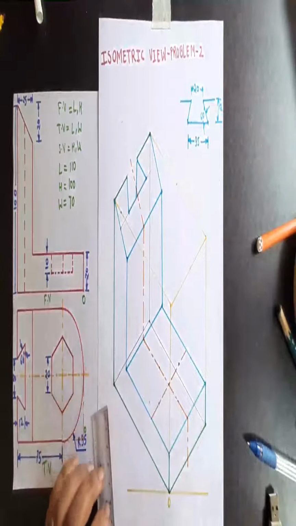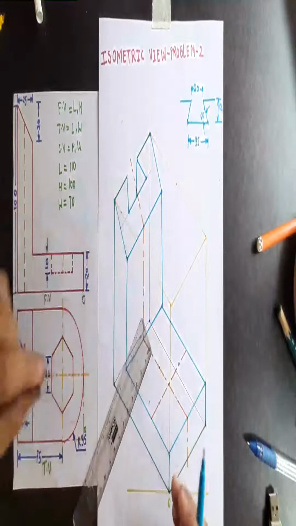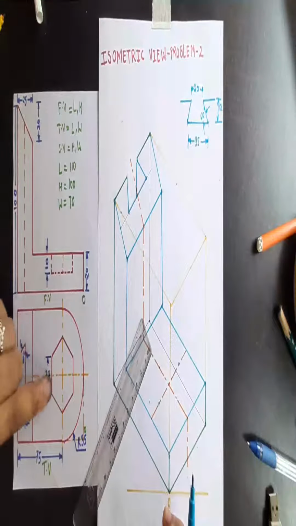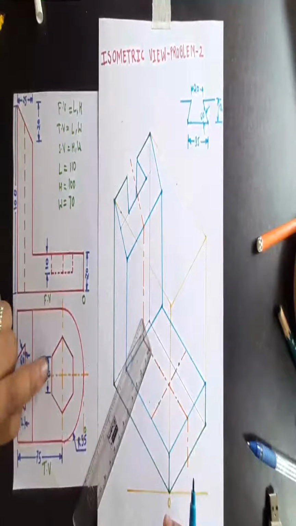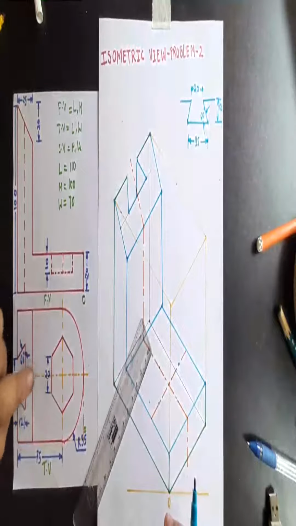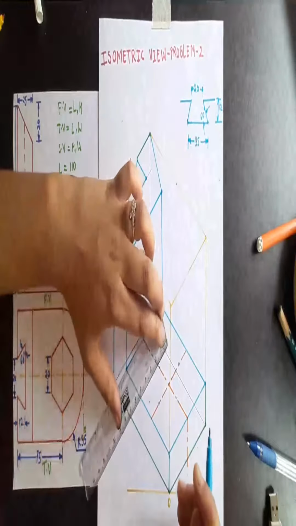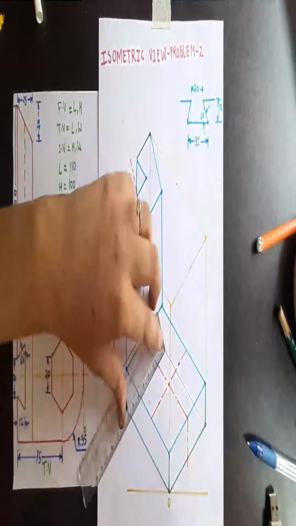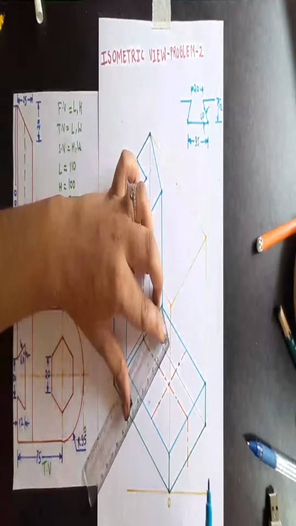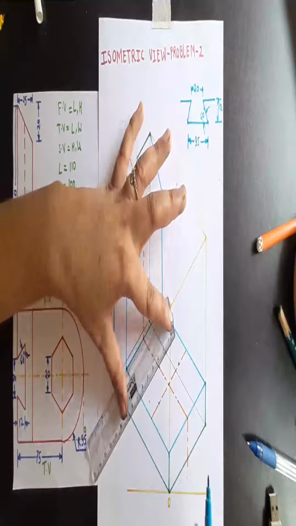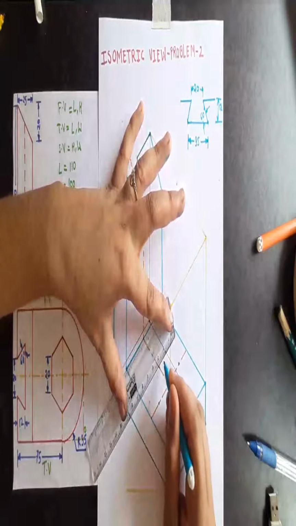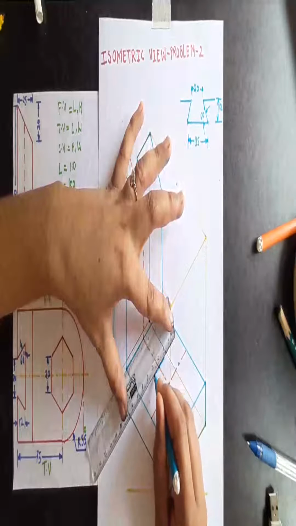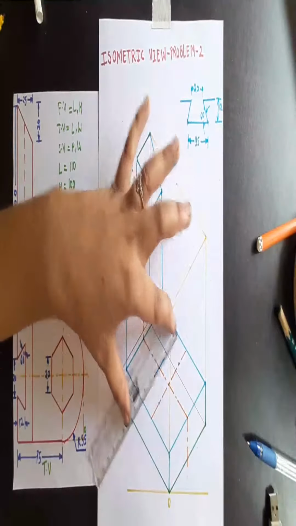Okay. Now from here what we are supposed to do: wherever you have marked this 18 mm, you have the line of 20 mm passing through it, that is 10 mm on either side of your symmetric line. So draw a line. This line is again parallel to your width, so draw a line parallel to the width and 10 mm on both the sides. So this is 10 mm and this is 10 mm, so it is 20 mm now.